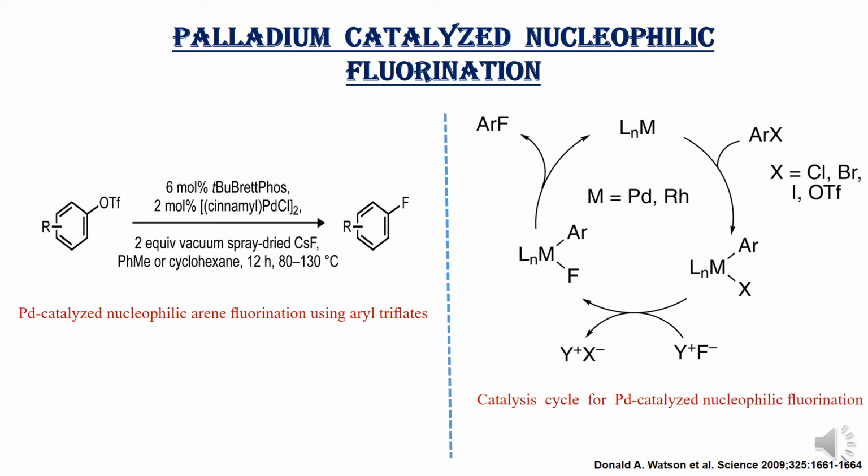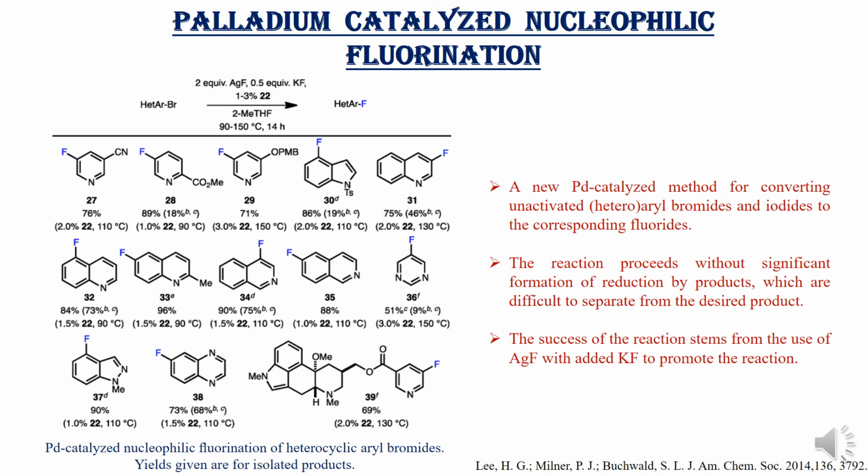So this was the main reason to use this electron rich biaryl monophosphine ligand in this reaction. Formation of the aryl fluoride reactions, and for this the mechanistic studies were the same as we have studied previously.